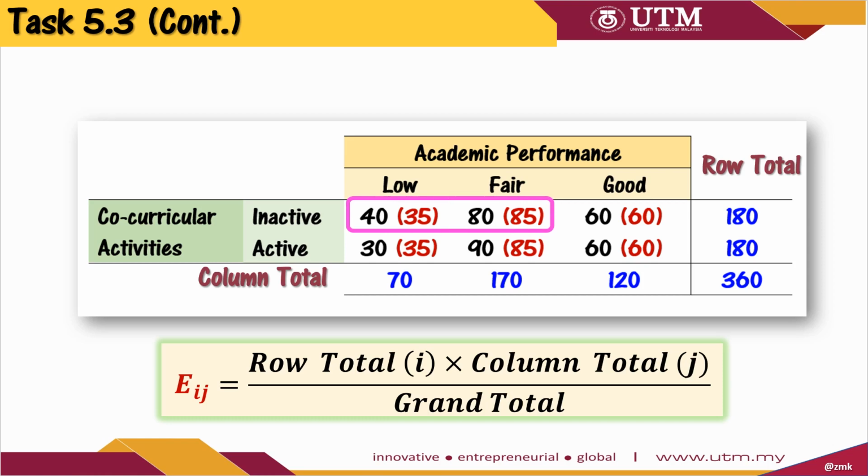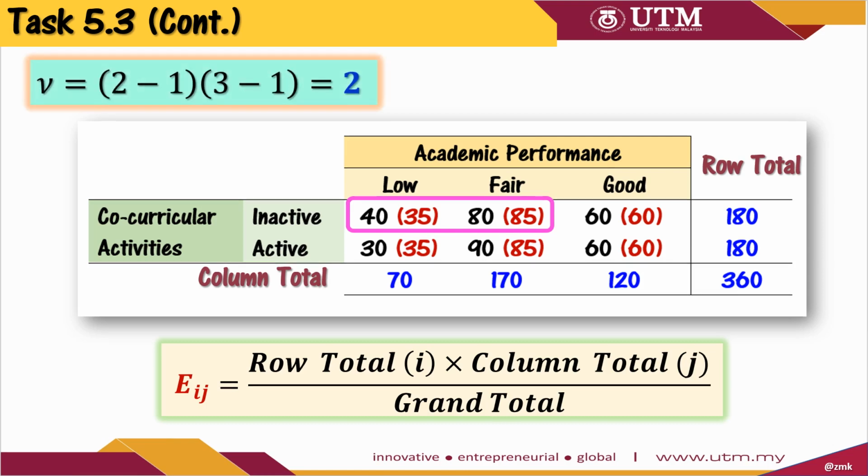Why is it 2? It's because the degrees of freedom nu is 2. In other words, the degrees of freedom value can also indicate how many Eij values that you need to calculate by using the formula. What about the Eij values in the other cells?